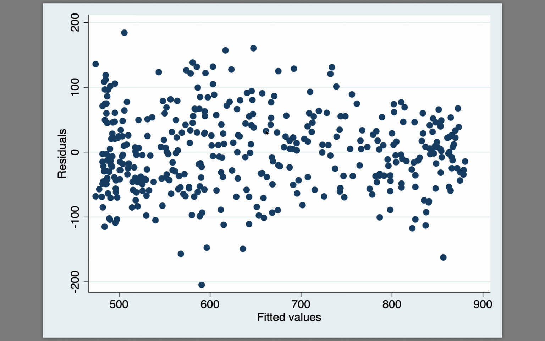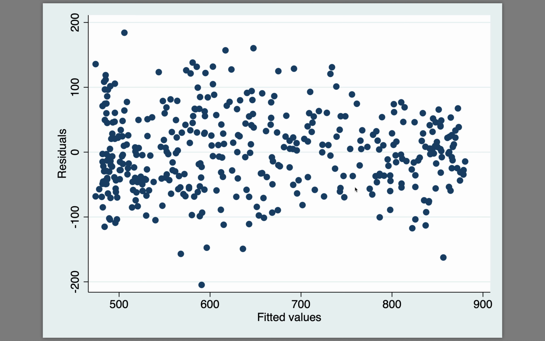homoscedasticity. If it goes in a fan type way, so if it goes from wide to narrow or from narrow to wide, it looks like it is fanning out, either like this or like this. If it does that, you have heteroscedasticity, which then means you do not meet that assumption.